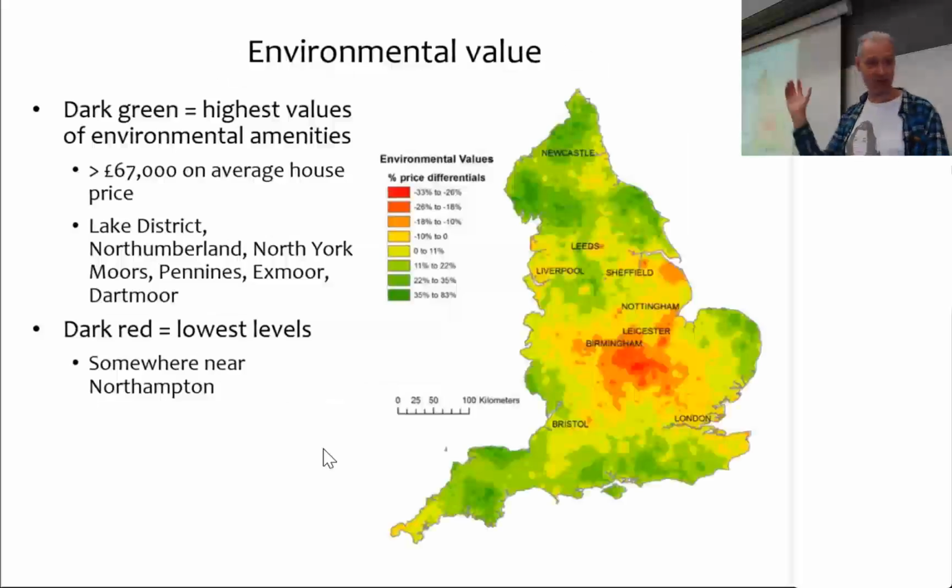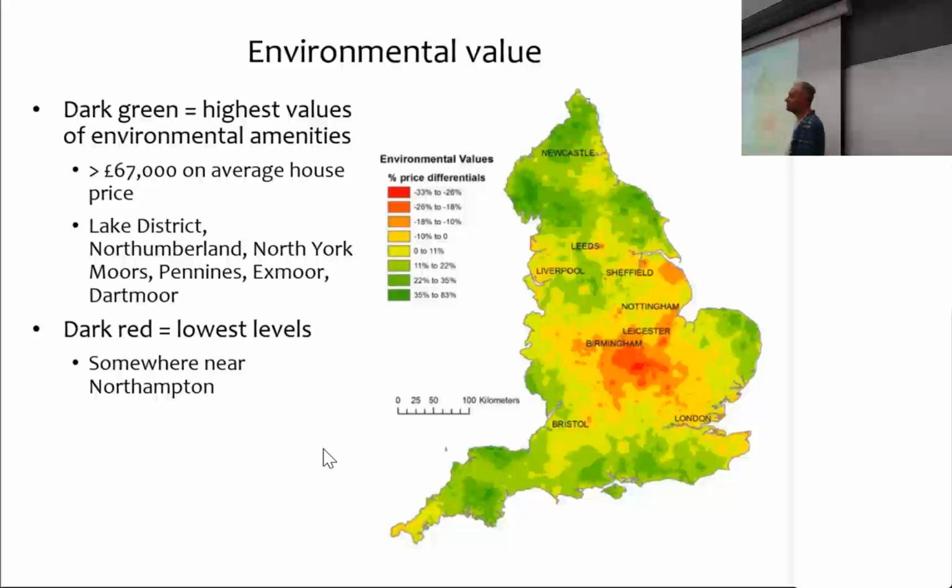And then you can add up all these things and say, well, this is the environmental value, the total environmental value as reflected in house prices. As you can see, we are pretty well off here. One of the highest prices, not quite as high as around here, but close enough, right?